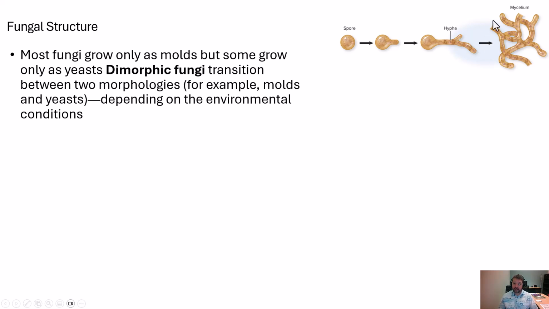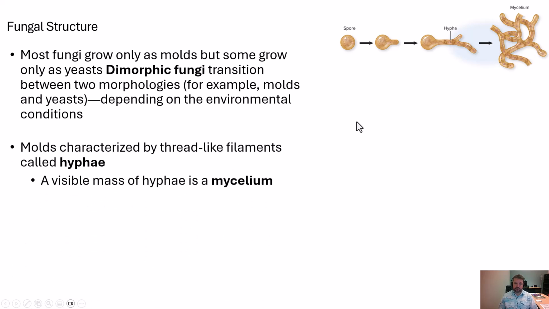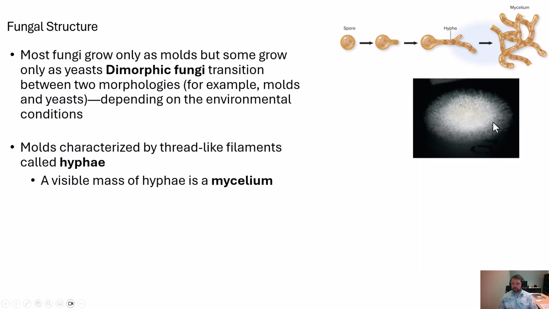And a bunch of hyphae that are connected is called mycelium. Most of you have probably seen mycelium before. If you've seen bread mold or really mold on anything, you'll see these little hair-like structures. Those are the hyphae, and collectively the mass is called the mycelium.